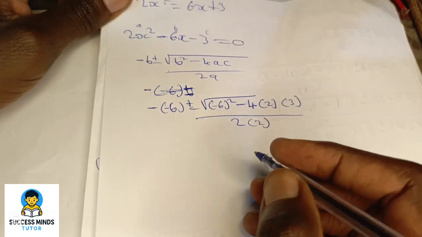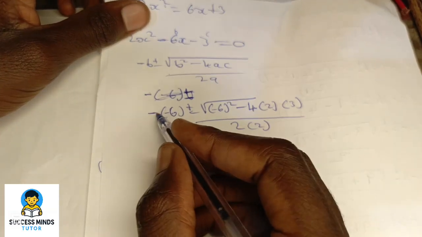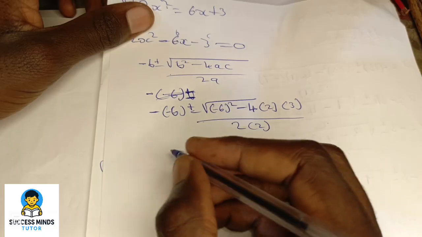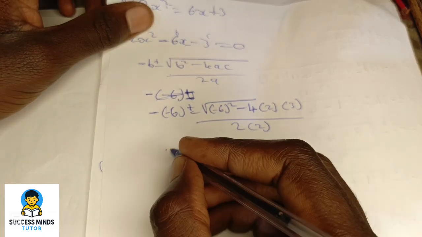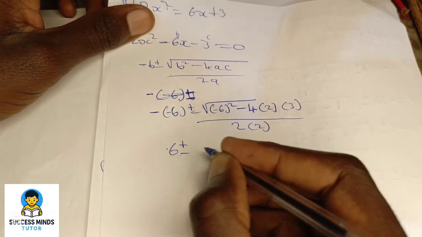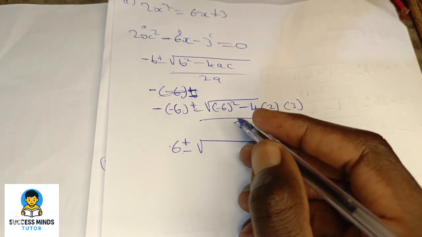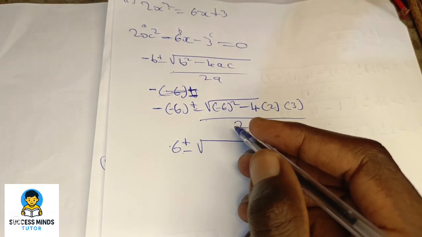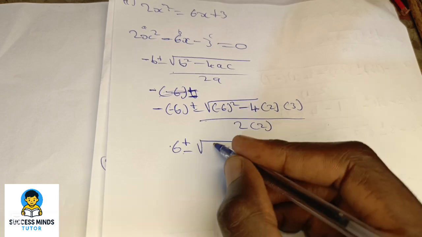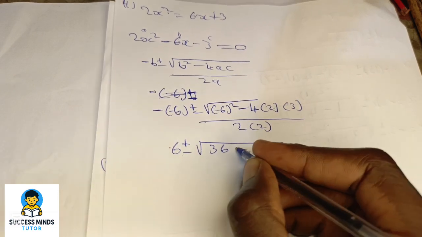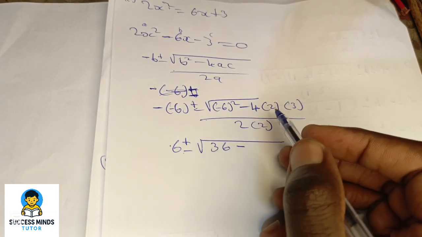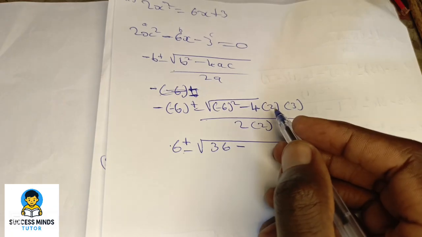So now we'll begin to work it out. Negative times negative, that's positive. So we are going to have positive 6 plus or minus the square root. What is 6 squared? It is 36. So here we have 36 minus 4 times 2, that is 8.